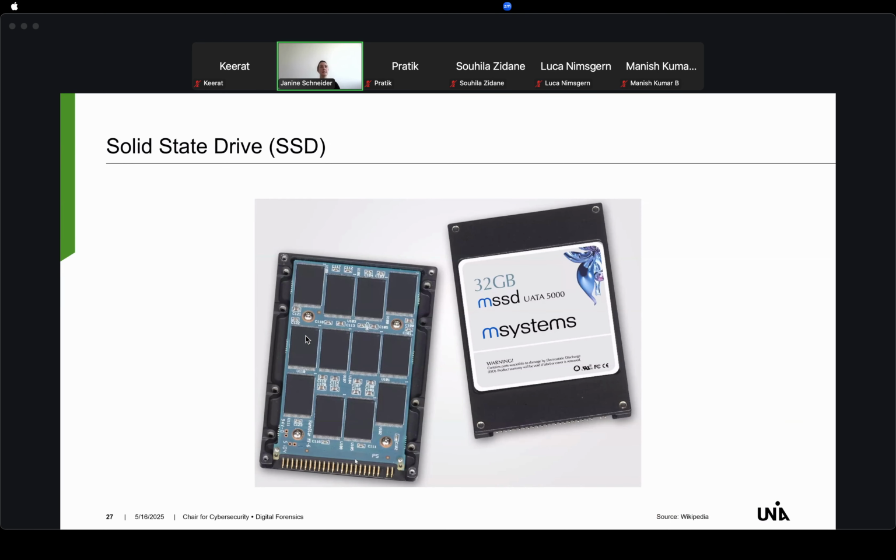So what are SSDs? SSD stands for solid state drive. It's a data storage based on semiconductor components or flash chips. Here you can see the inside of an SSD. You can see several raw NAND flash chips.